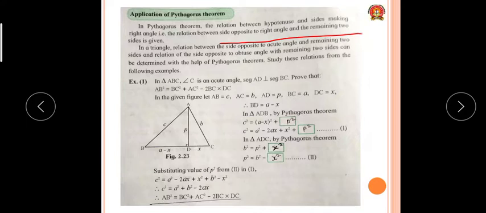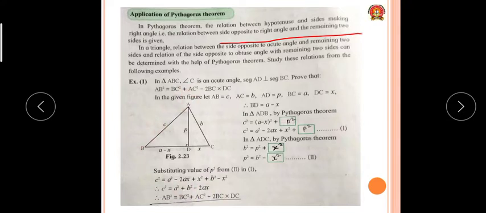Now substitute this value from the second equation into the first. You will get c square as it is, a square as it is, minus 2ax plus x square, plus p square, and p square is b square minus x square. After that this x square will cancel out. You will get c square is equal to a square plus b square minus 2ax. What is c? c is AB square.